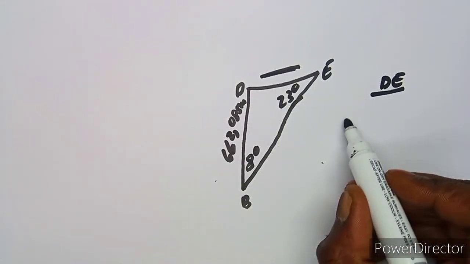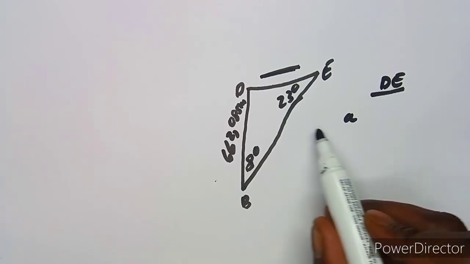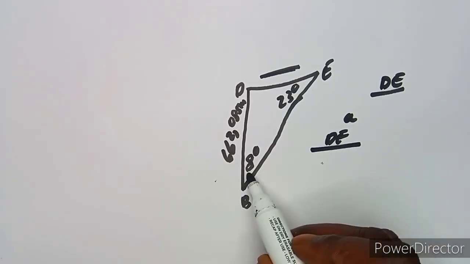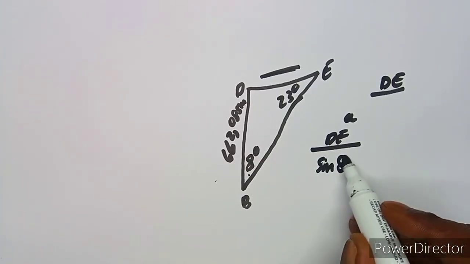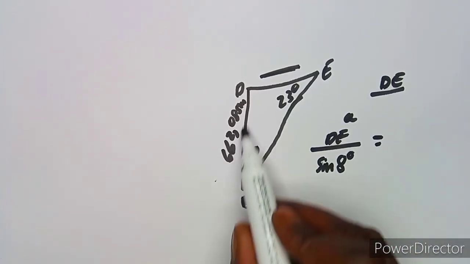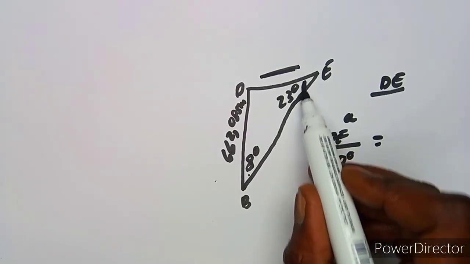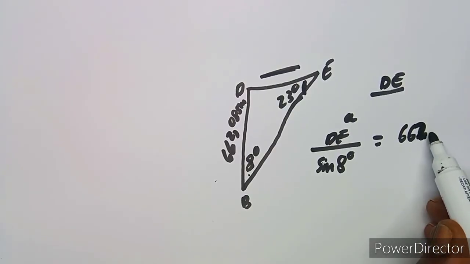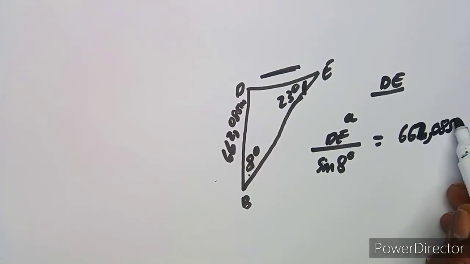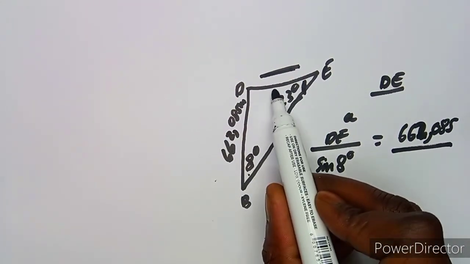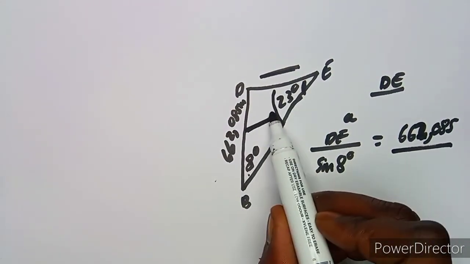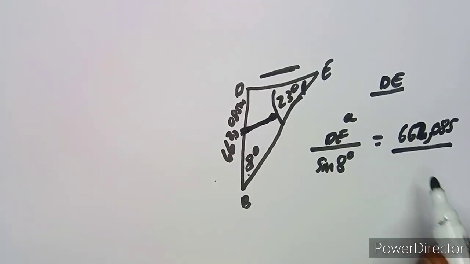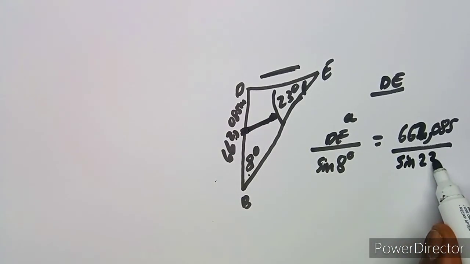DE over sine 8 is equal to, we are given this side, 662,085, over sine the angle which is opposite to the side. Take note, in the sine rule the side and the angle should be opposite to each other. So it's sine 23 degrees.